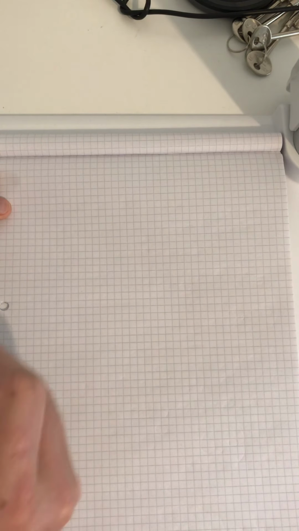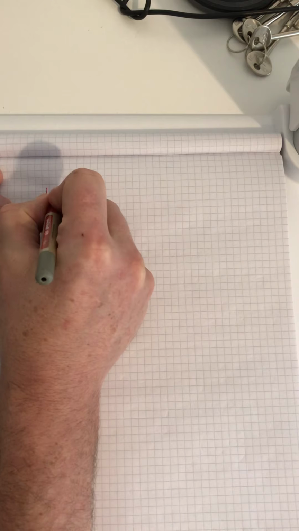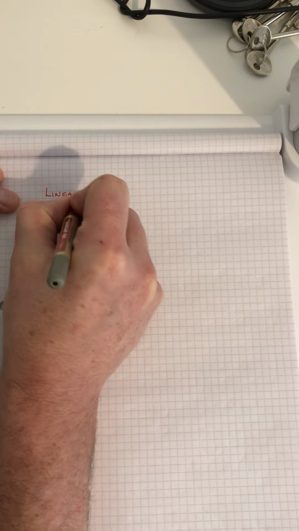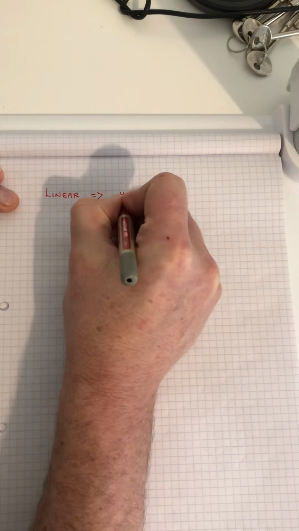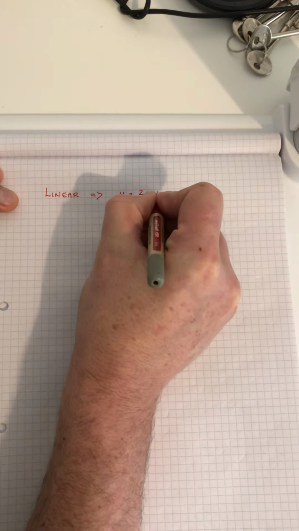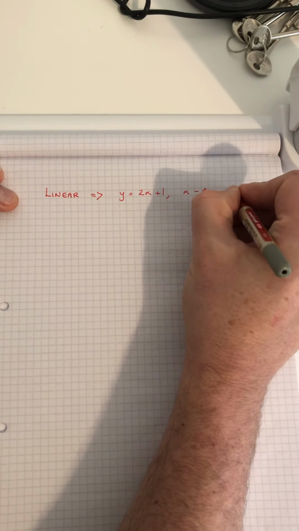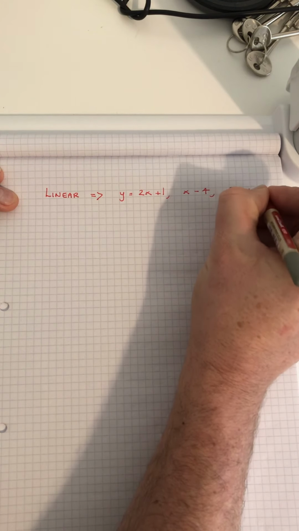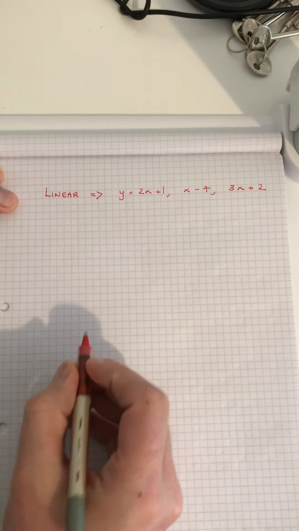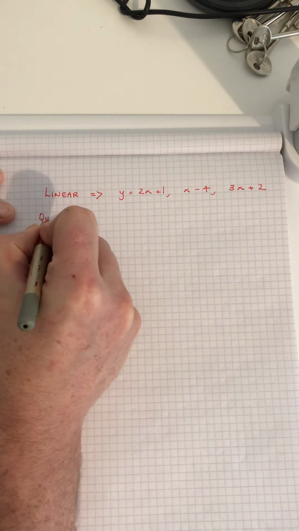Okay, so here we want to have a look at another type of function. So far we had linear, which is something like y equal to 2x plus 1, or x minus 4, or 3x plus 2. They're all linear. After linear we had quadratics.